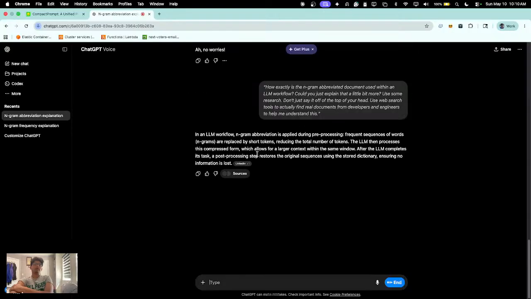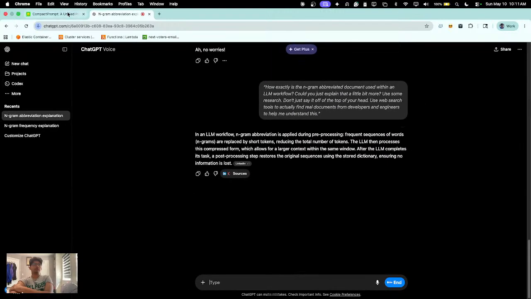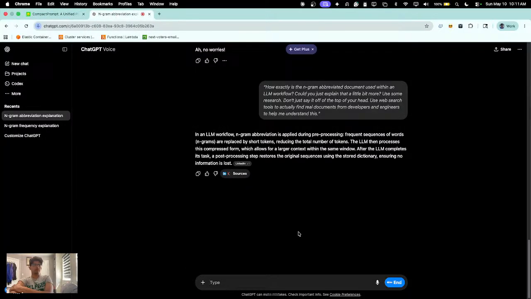But how exactly does the LLM understand the abbreviations? Because in the paper, what it said is that when we're building the dictionary, which includes the abbreviations and maps those to the n-gram patterns, those tokens just need to be unique placeholder tokens. It doesn't really matter what they are.